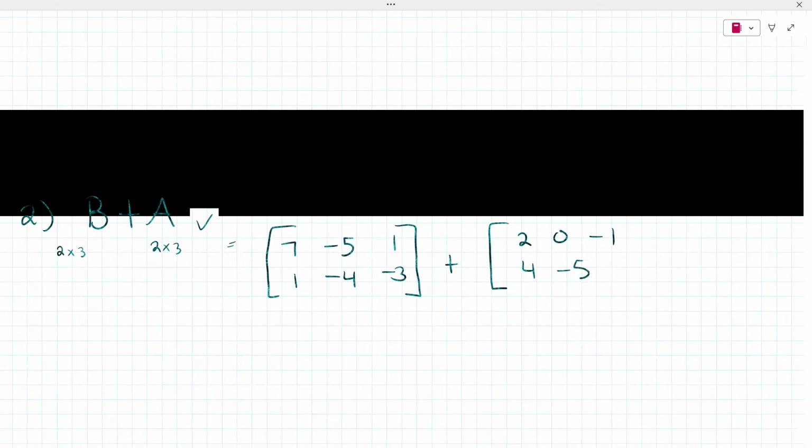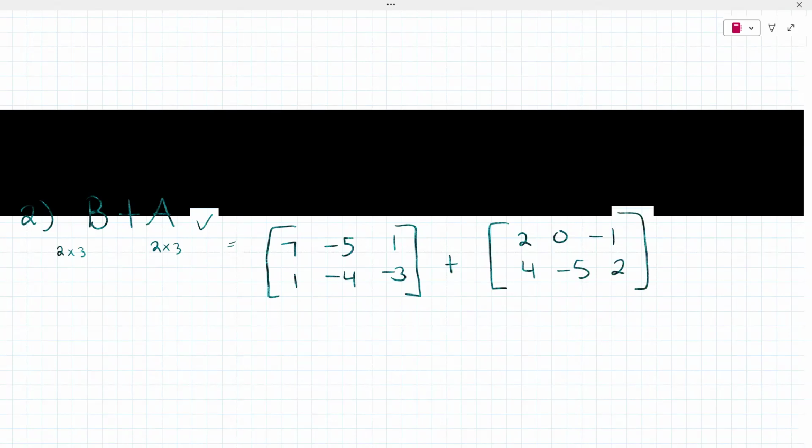So if you recall, matrix B is 7, 1, plus matrix A, which is also 2 by 3, 2, 0, negative 1, 4, negative 5, 2.